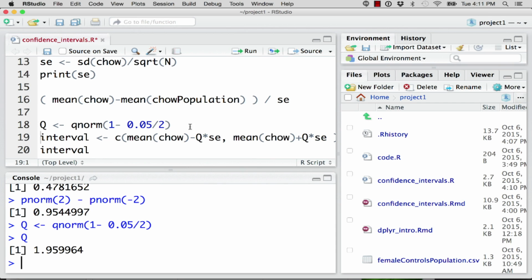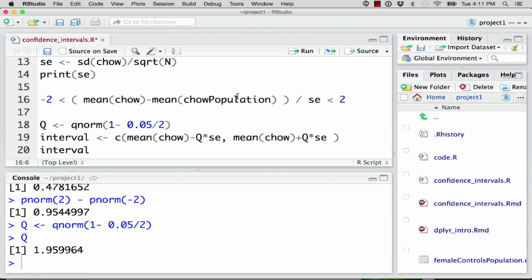So doing a little bit of math, we want this thing here to be between minus 2 and 2, really 1.95, 95% of the time. I'm just using 2 as a rounding off. So we know that this happens 95% of the time.